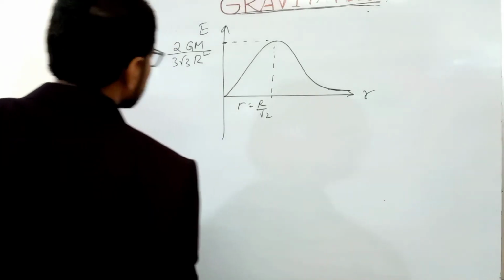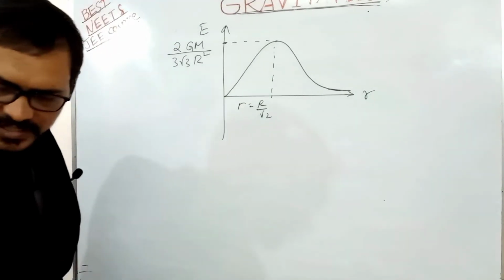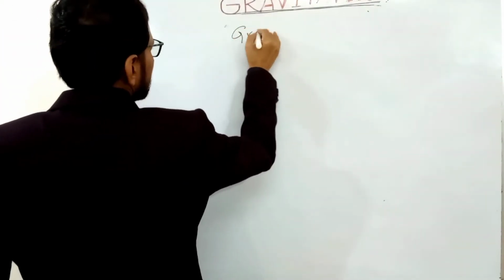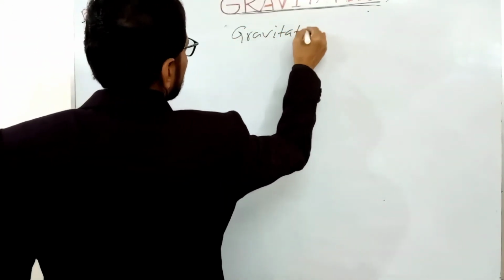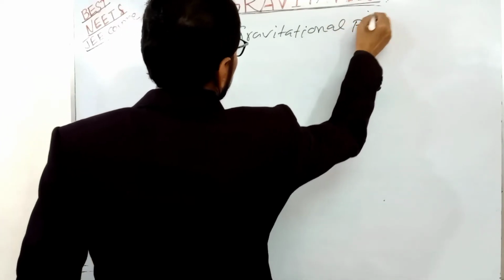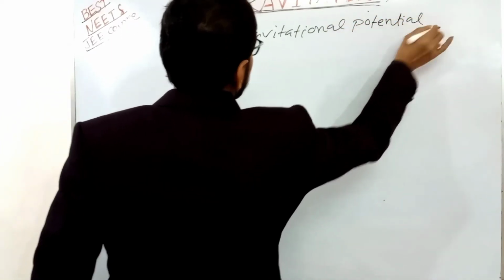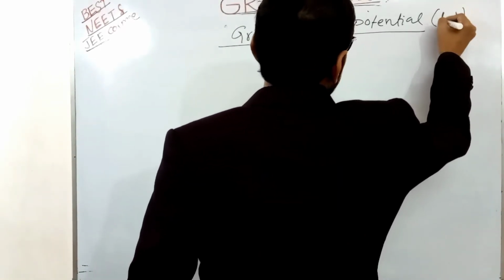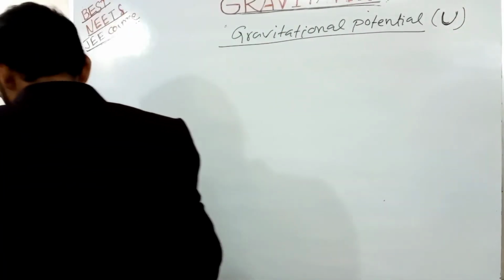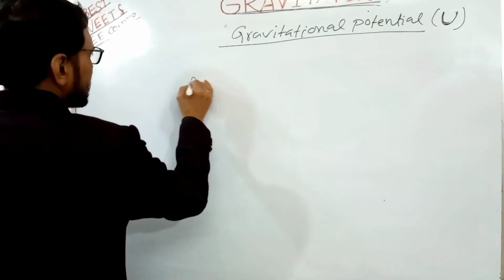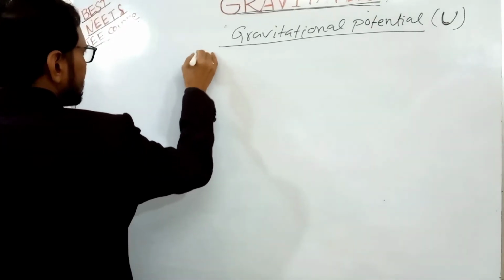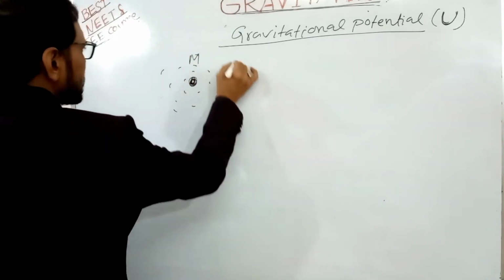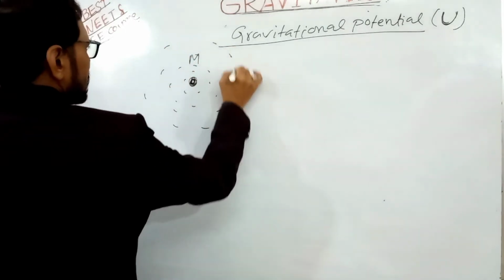Now the next term is gravitational potential. Another important term is gravitational potential, denoted by u. What is gravitational potential? Suppose a mass is present here, and a gravitational field is produced.